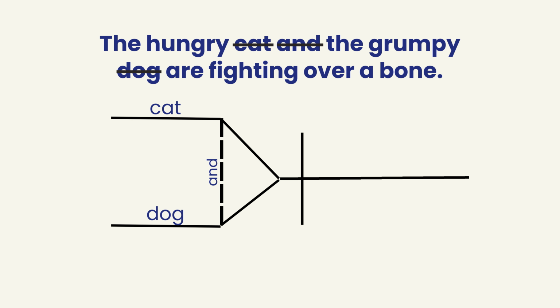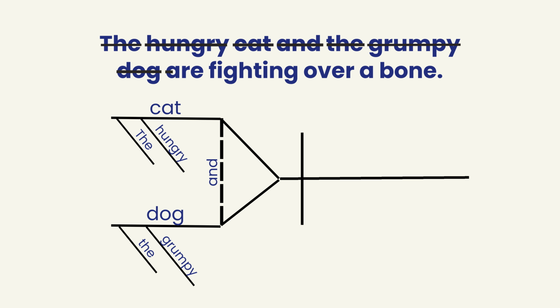Now we place our modifiers below the words they modify. We have the article the with a capital letter and the adjective hungry placed below the noun subject cat, and then the article the and the adjective grumpy below the second noun subject dog. As for the predicate component, we have the verb phrase are fighting.